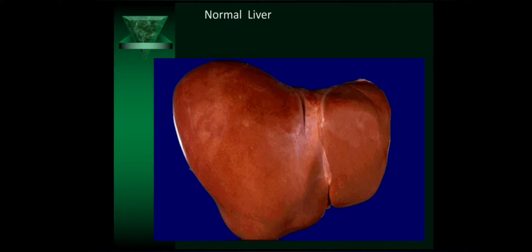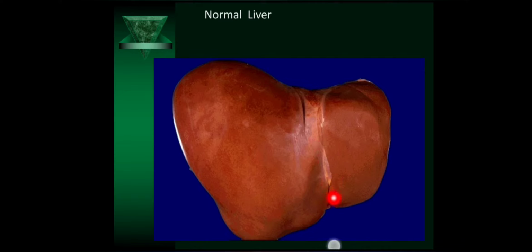The right and left lobe are separated anteriorly by a fold of peritoneum known as the falciform ligament. Inferiorly, this ligament continues as the ligamentum teres, which we cannot see here, and posteriorly it continues as the ligamentum venosum. So this is the falciform ligament which we are seeing here.